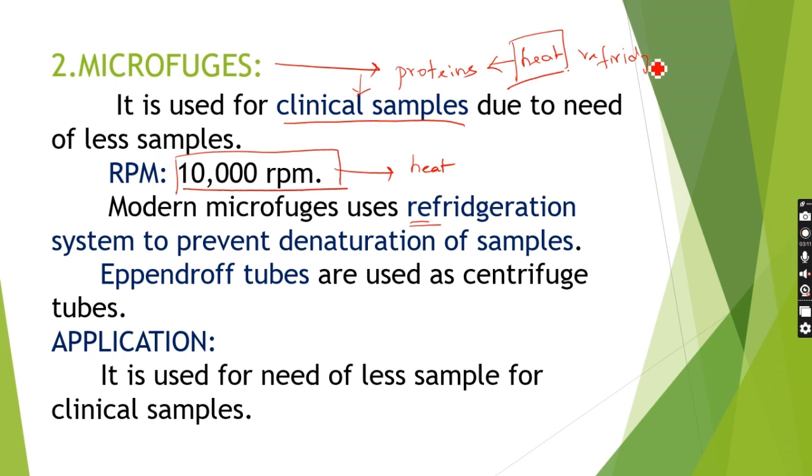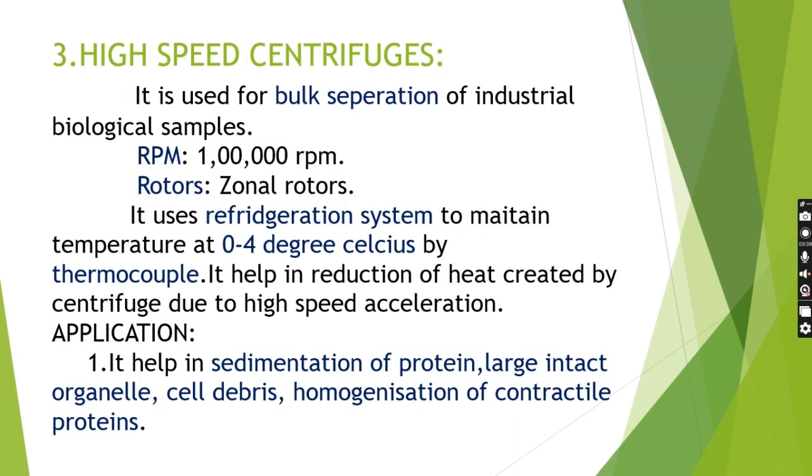So refrigeration is very important for the separation of proteins, which are denatured by heat. In general, microfuges do not use the normal centrifuge tube, which can handle only a small amount of sample. So Eppendorf tubes are generally preferred. This is used for small sample separation, which is not possible with the desktop centrifuges.